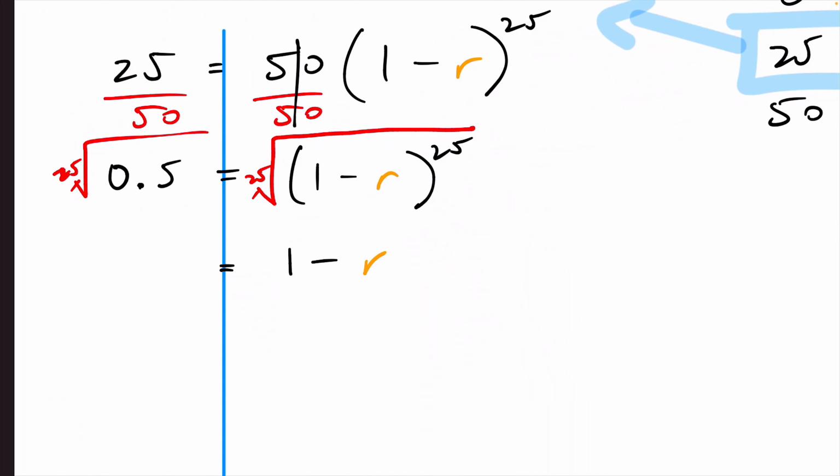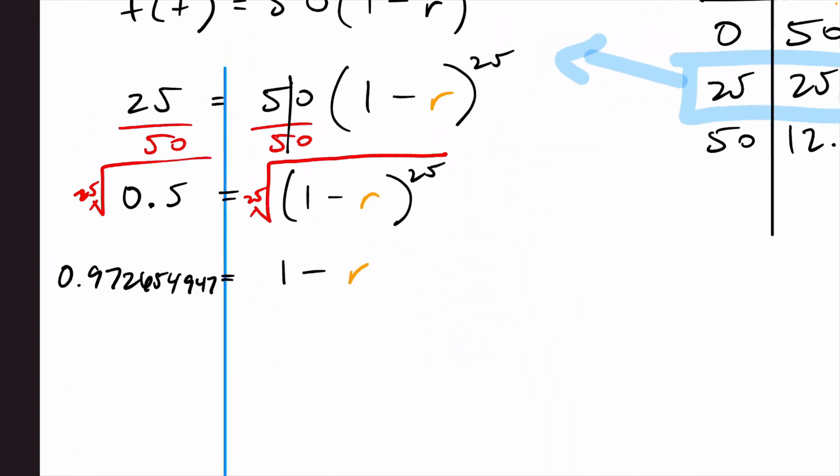It's going to be 0.97, yeah, 0.97265... Don't round that number. We'll round it, but not yet.